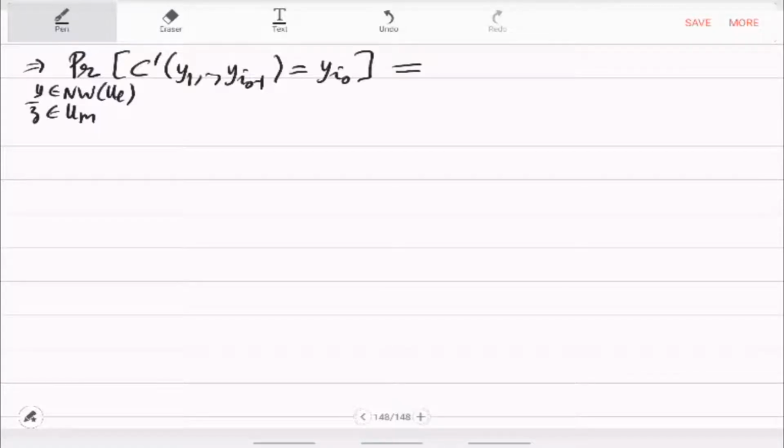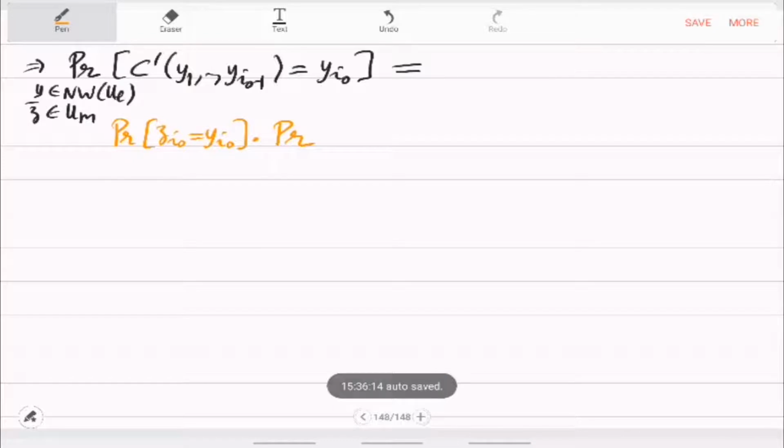So this is equal to, let's write down two cases. First is Zi0 being equal to yi0, which means that Zi0 was the correct value. So what is the probability of C prime being yi0 in that case, right?